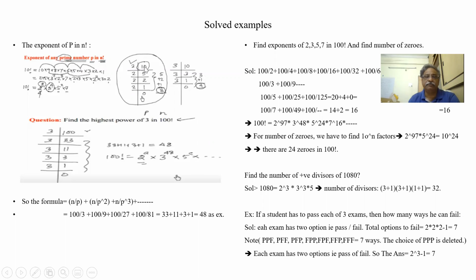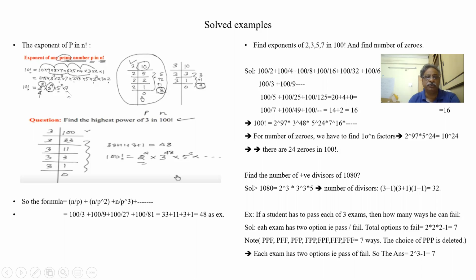This is 10 factorial, which is 10 into 9 into 8 into 7 into 6 into 5 into 4 into 3 into 2 into 1. When I convert it into factorization, what I am getting is 2 to the power of 8 into 3 to the power of 4, 5 square into 7. So I factorized and brought it in terms of prime numbers.